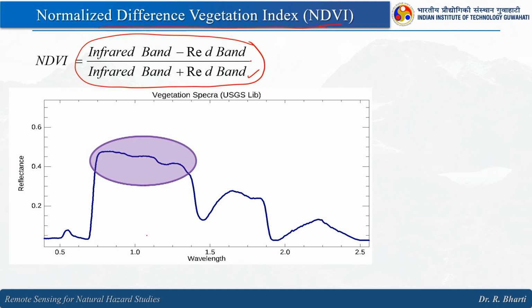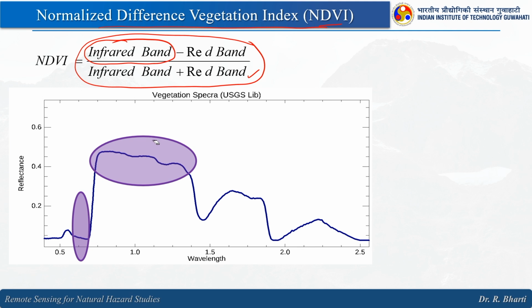When we see this particular region, this is the highly reflected region, so this is infrared. And when we talk about red, red has this absorption feature. With these combinations, we are trying to capture the minimum and maximum values produced by the target, and here the target is vegetation.